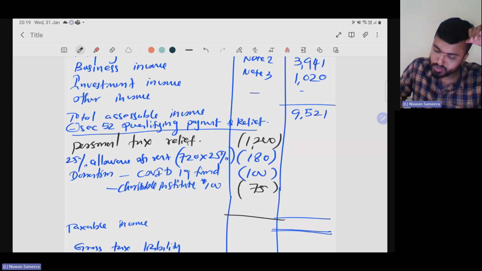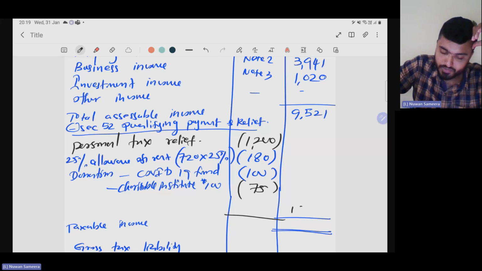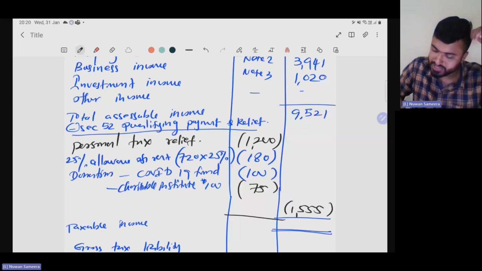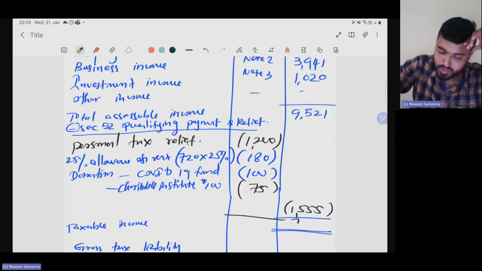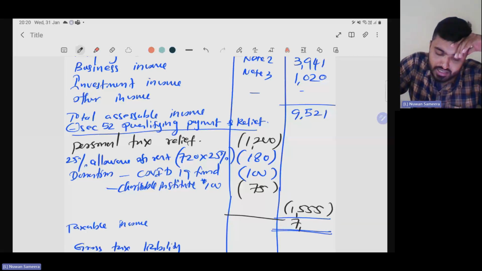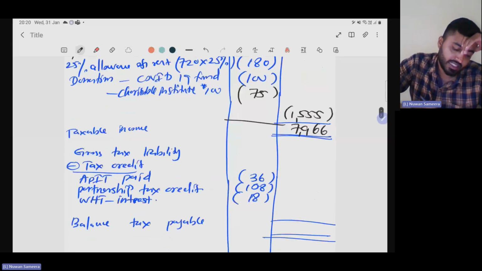So altogether 1,200 plus 180 plus 100 plus 75, altogether 1,555. So 9,521 minus that answer, you can see 7,966 is the taxable income. Now you need to calculate the gross tax liability.